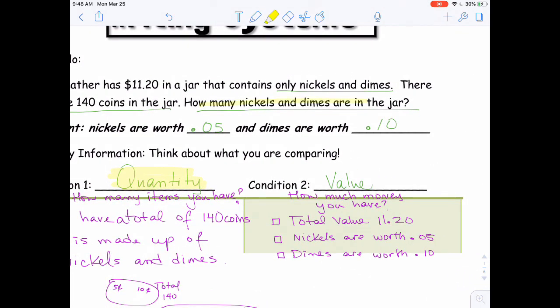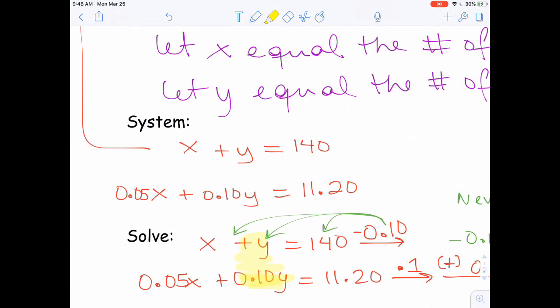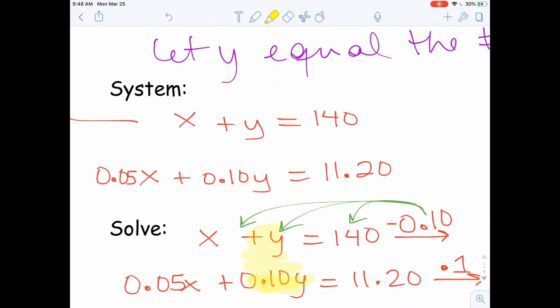So you want the number of nickels and the number of dimes. And then you know that there's 140 here. What makes up the 140? That's your number of nickels and the number of dimes. Then you have another total, which usually is something about money, $11.20. We know that the $11.20 is made up of the worth of the nickels and then the worth of the dimes.